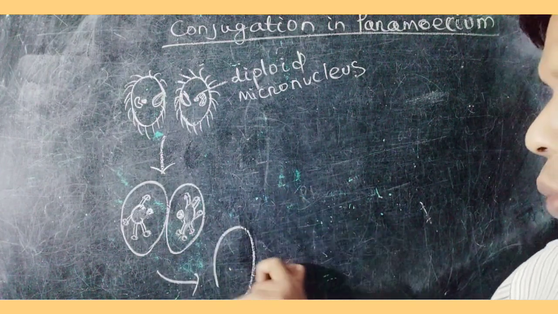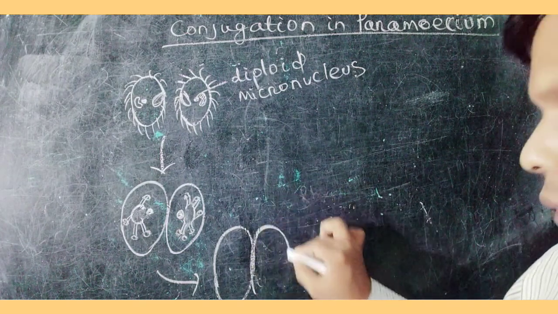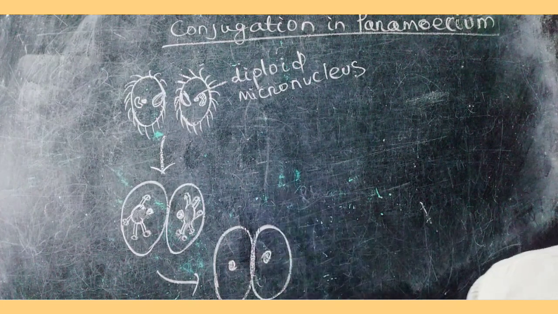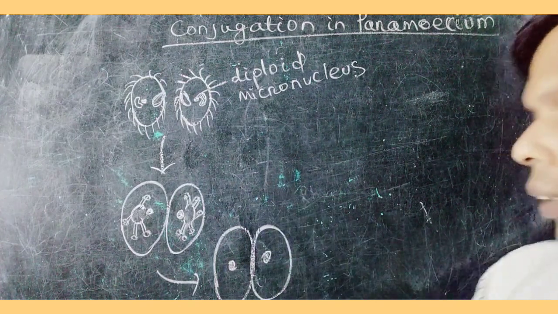The macronucleus completely disappears. The micronucleus remains in both of them.